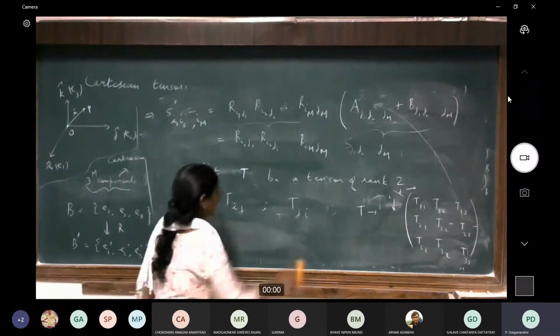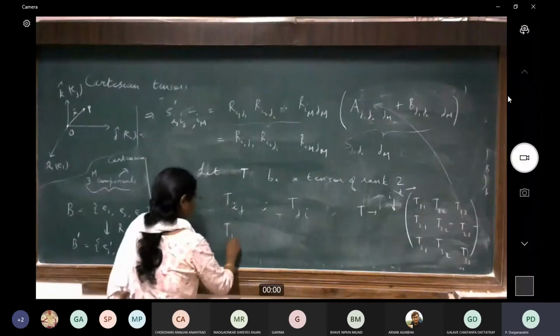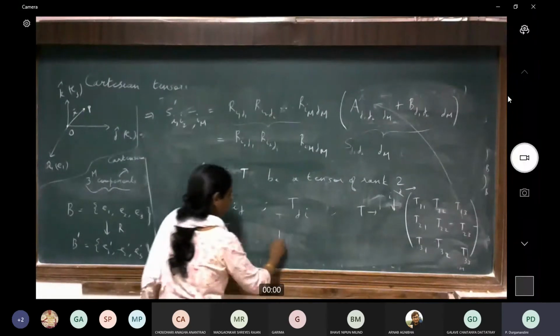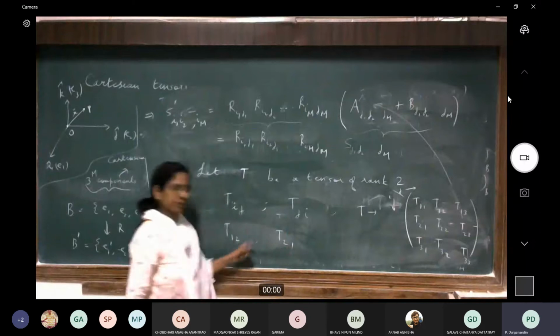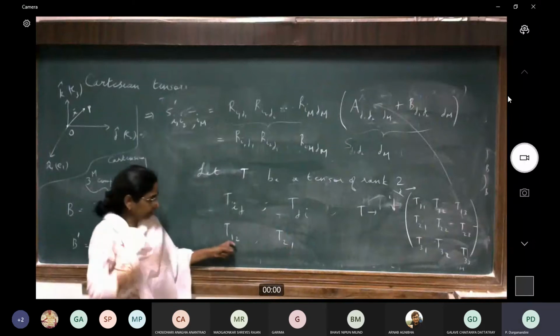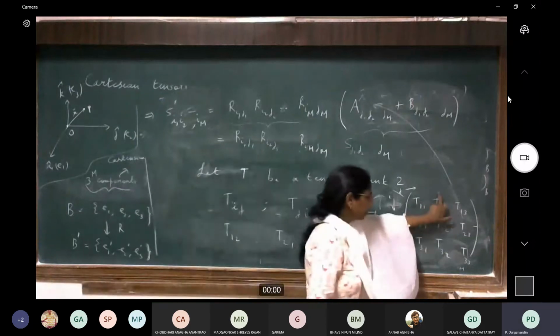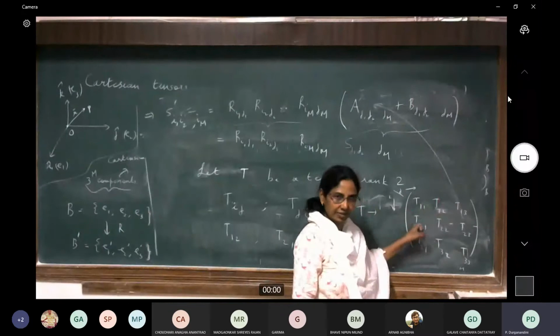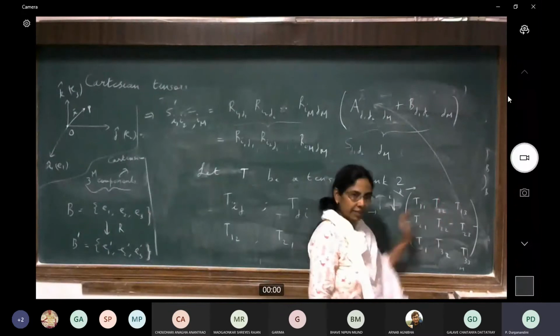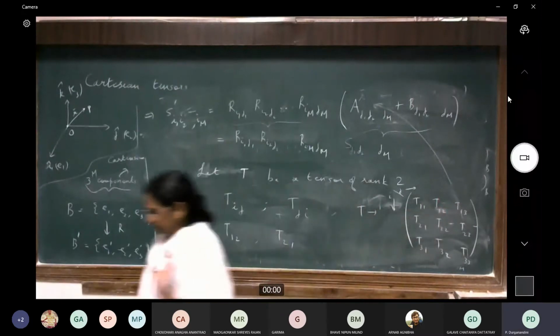But if I specifically write for you, say T12, and then I write T21, then these are two different objects. Because T12 is this element, while T21 is this element, which are in general quite different.